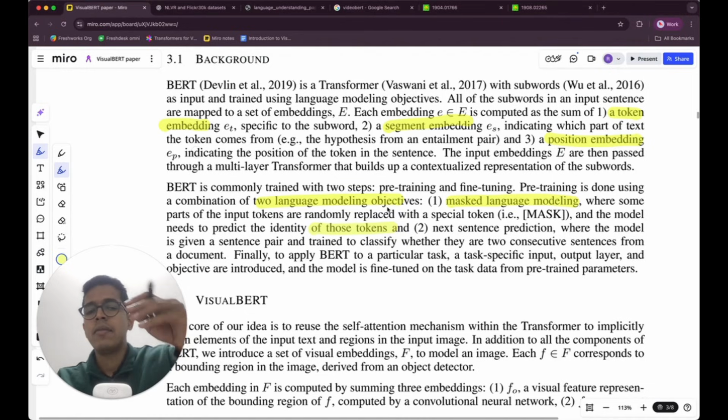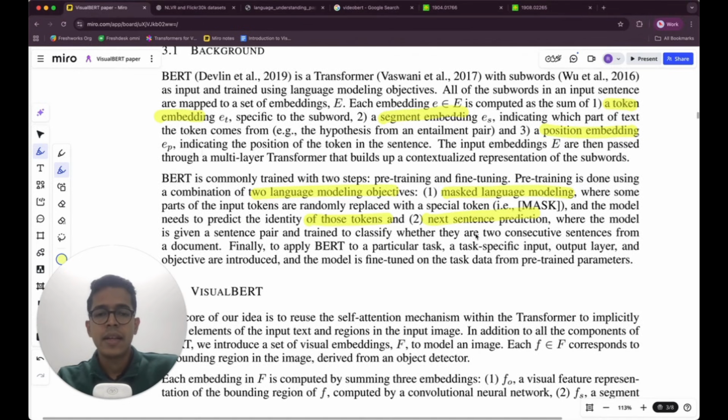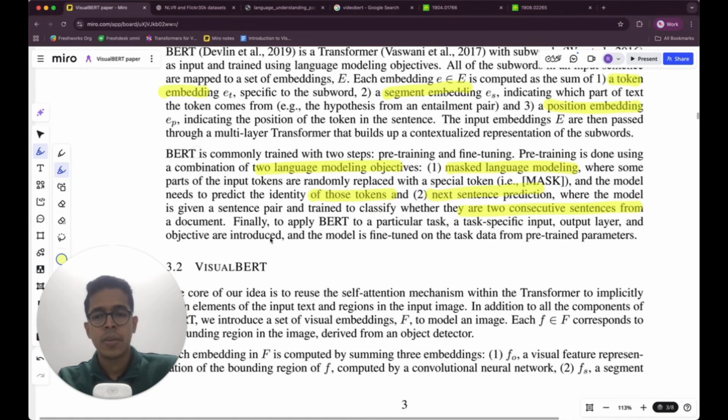So basically, from the final context vector corresponding to this mask token, the model will try to predict what the masked token was. Next sentence prediction is done using what? You saw the image. It is done using the classification token. The classification token will try to predict whether segment B is actually following segment A or not, or whether they are completely disconnected sentences, where the model is given a sentence pair and trained to classify whether they are two consecutive sentences from a document.